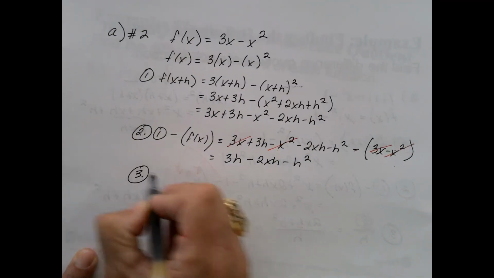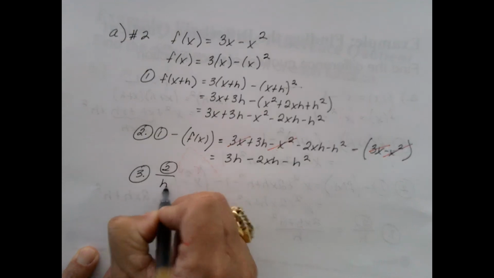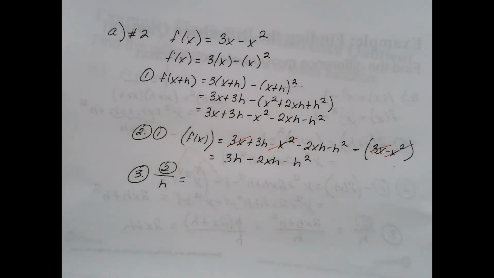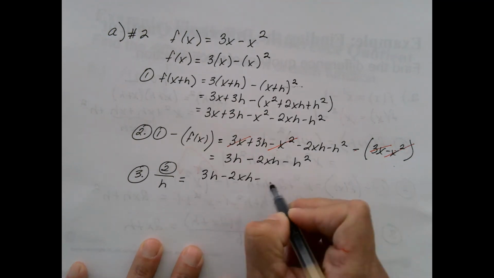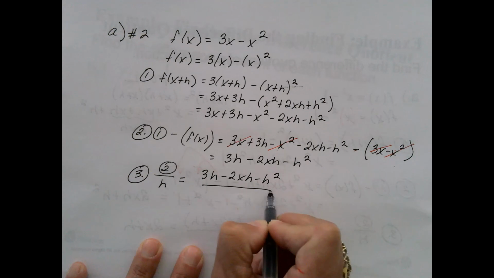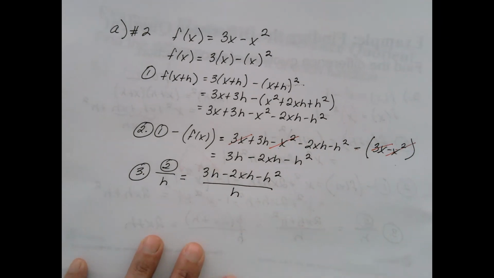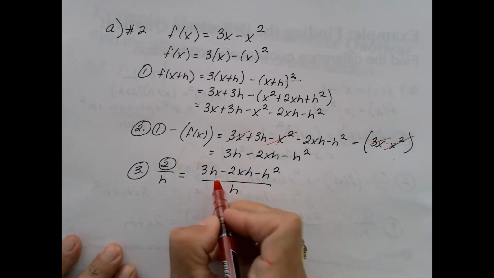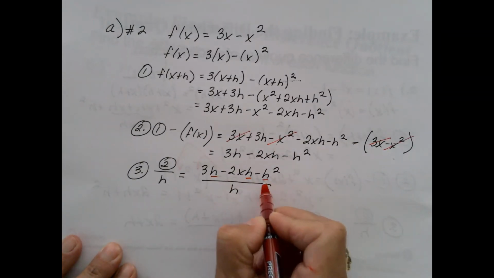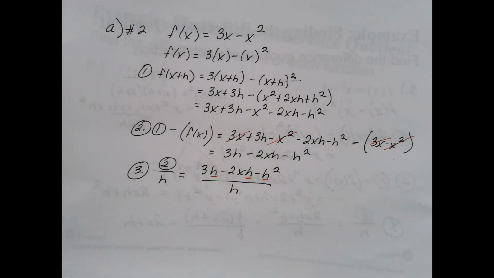Finally, step number 3 says take what I got in step number 2 and put it over h. That's 3h minus 2xh minus h squared all over h. I notice every single thing up top has an h in it, so I can factor an h out.